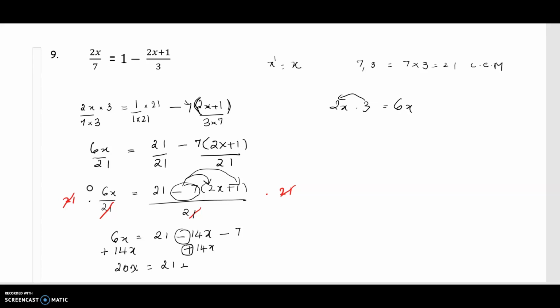So that becomes a 0, so that's a plus 0 minus 7. And we have 20x equals 21 minus 7, which is 14.